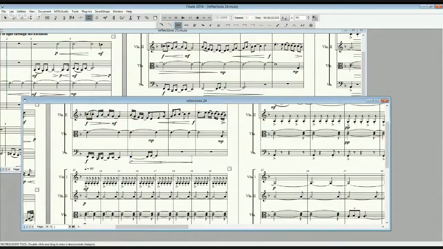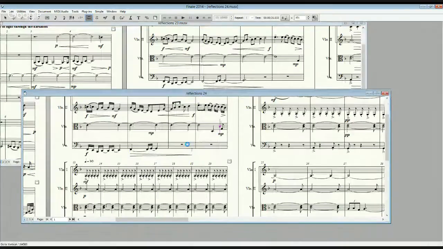This last measure. Two, three quarter notes, so a dotted quarter note? Yeah. Okay. That's it. Take crescendo.